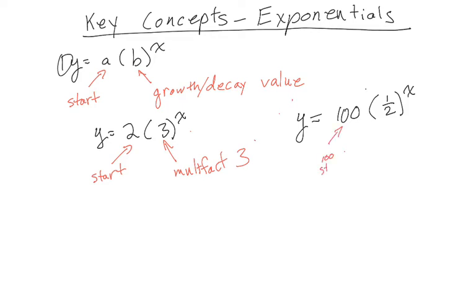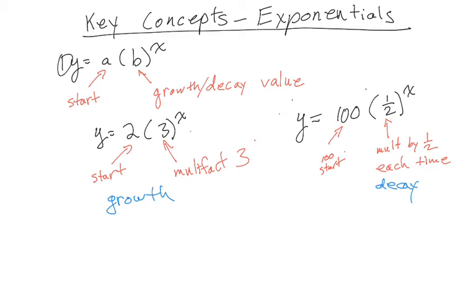And this value here says we multiply by 1/2 each time. So in essence, this one is decay because it's shrinking. And this one here is growth, since it is increasing.